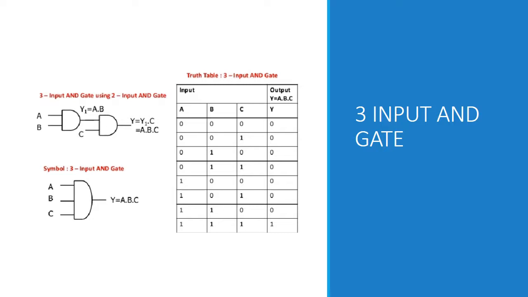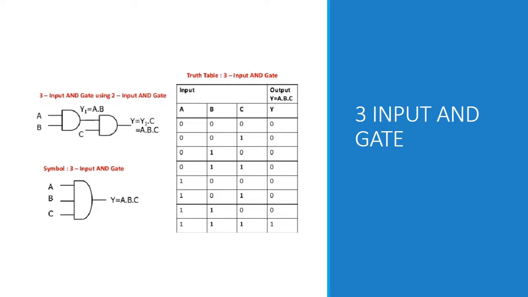Now let's consider the 3 input AND gate. In this case, again, if A, B, and C, all 3 inputs are at 0, the output is 0. And if any of the input is 1, the output remains 0.